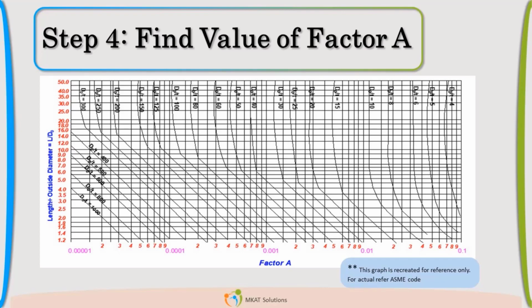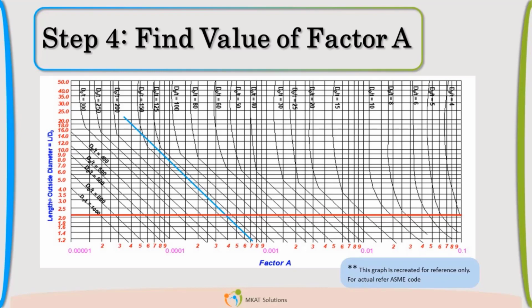First, I'll draw a horizontal line by taking 2.1. You can see here on this side the L by D naught ratio, so at 2.1 I'll draw a complete horizontal line. In the second part, D naught by T, 135 will lie between these two lines.